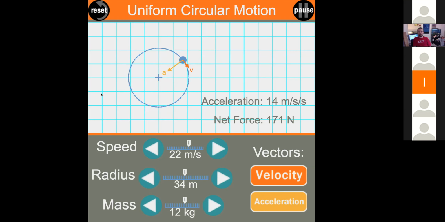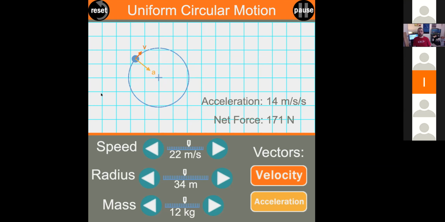So is the velocity vector in the same direction as the net force? Is it the opposite direction as the net force? Or is it some other relationship? Because there is a vector that is pointing towards the net force.